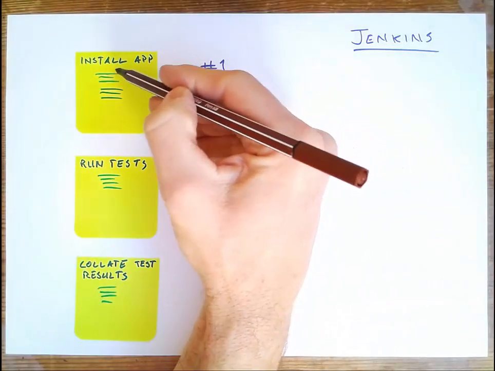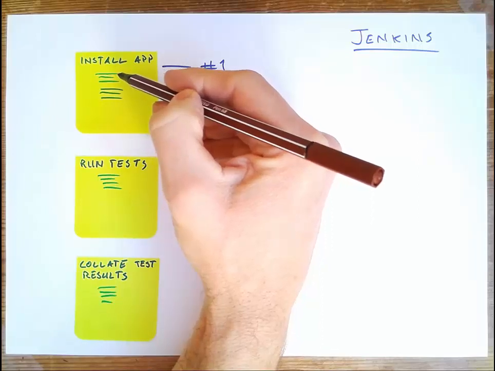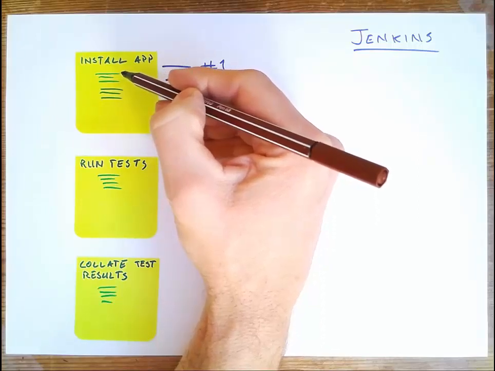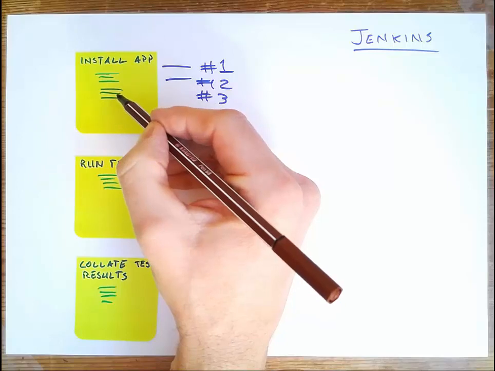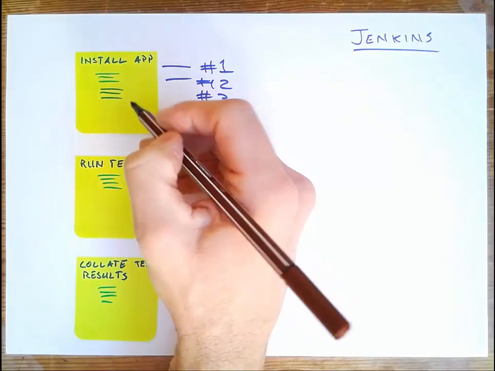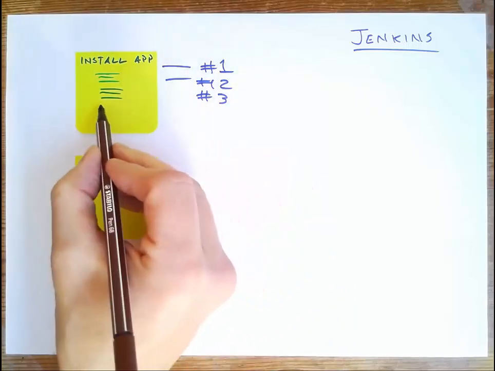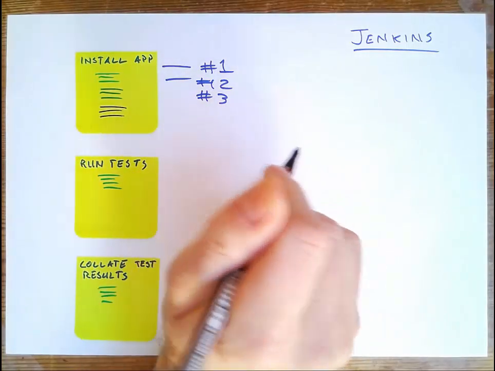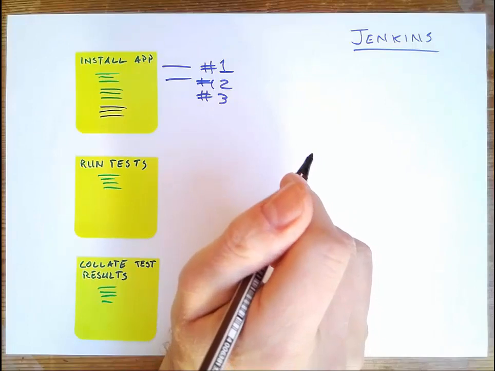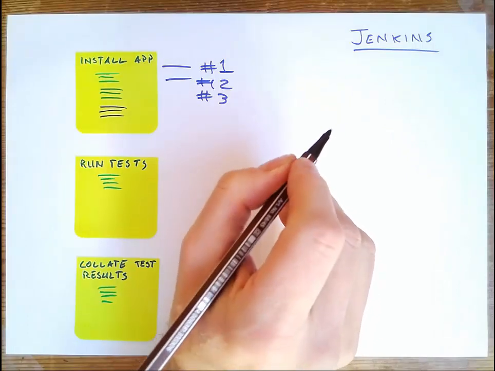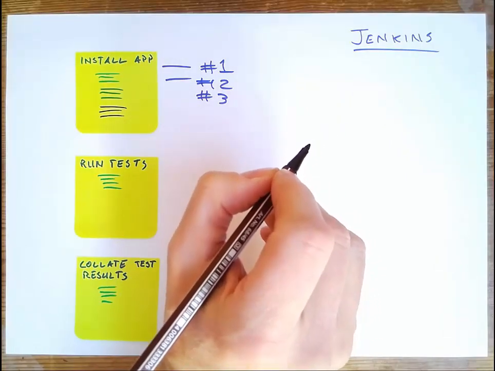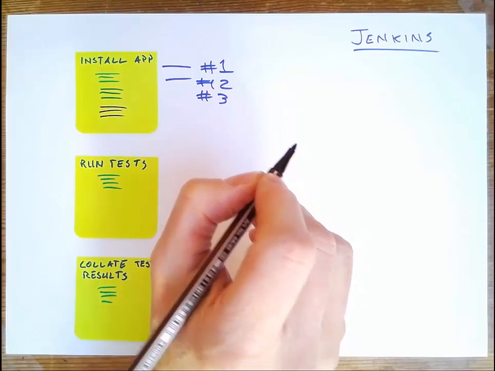So this might do the deployment of the code for the application we're going to test. The next set of steps would be the build steps, or the execution steps if you like. So this might start the application running. And then you have a third set of steps, which are called the post-build actions. So these might tidy up the job afterwards and might collect any artifacts or files that you want to save and store.